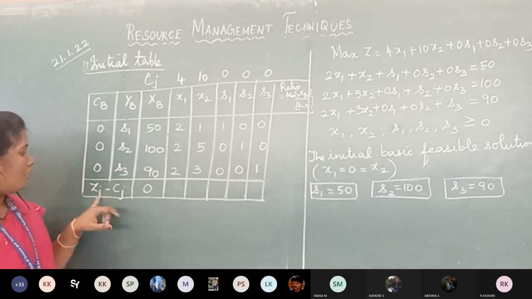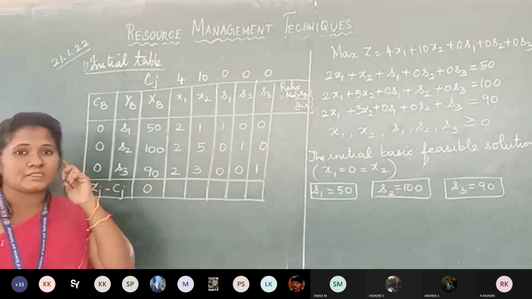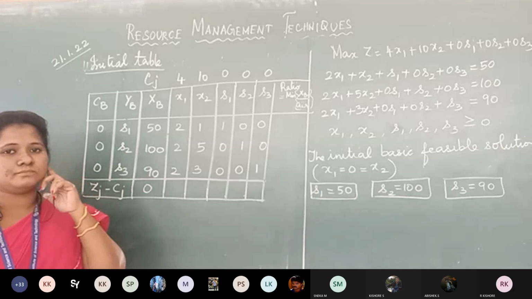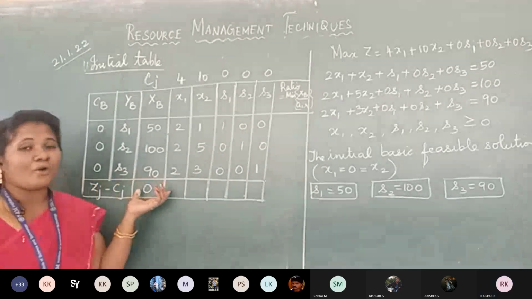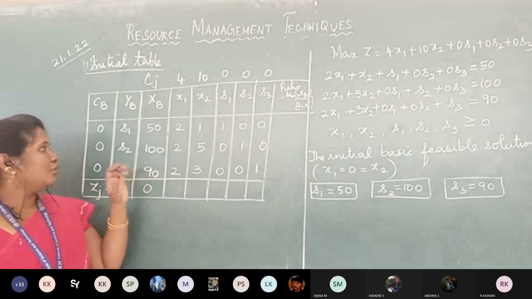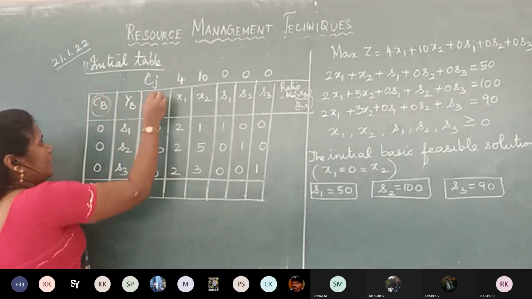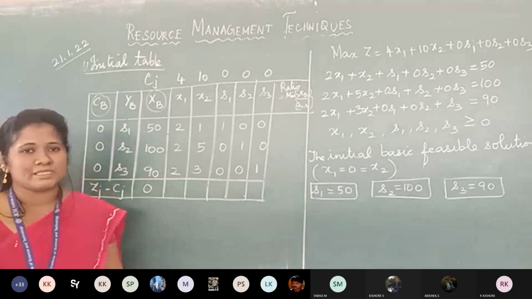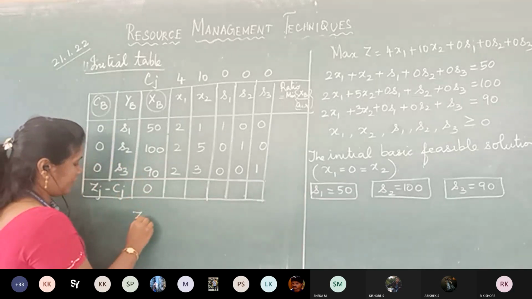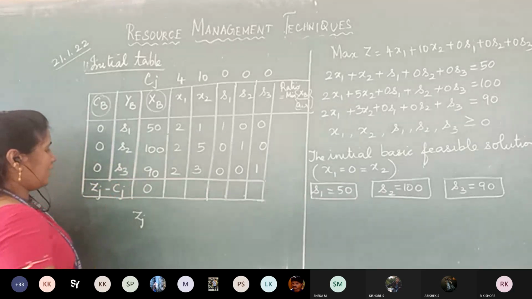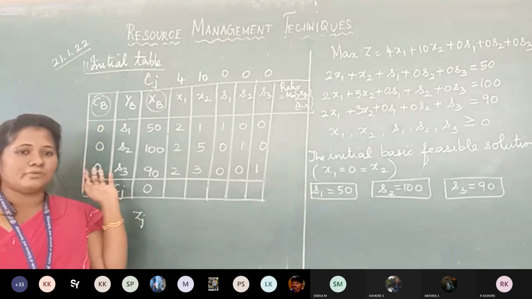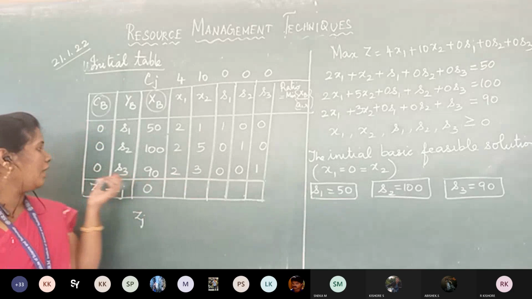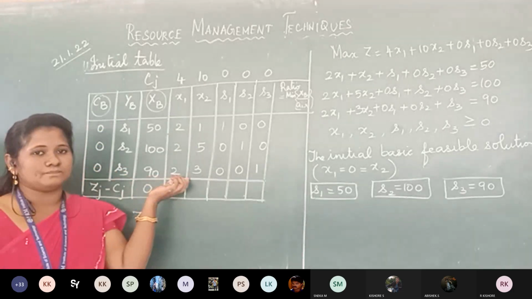Yes, tell me. One more time explain, ma'am. One more time you want. Okay. So how you have to find your ZJ is by multiplying the CB into XB. That will be your ZJ. That also you can write down and keep. Whatever value you're going to find out, for this value it will be CB into X1.